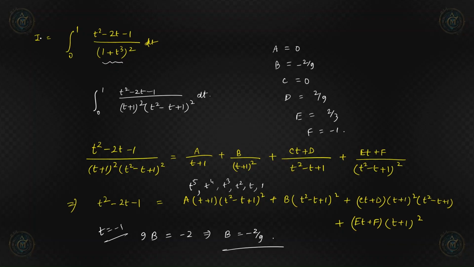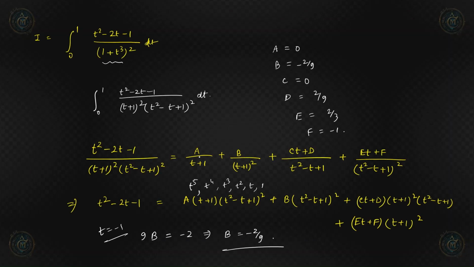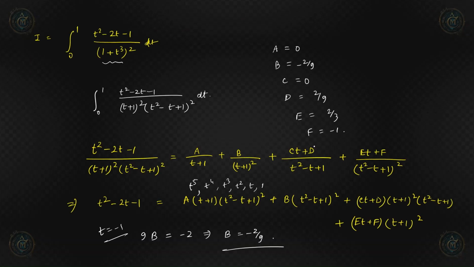So our integral becomes, let's call this I. So I becomes integral 0 to 1. Then we simply decompose this, so this term vanishes, and b is minus 2 by 9. So minus 2 by 9 times 1 divided by t plus 1 whole square dt. Then this term becomes 2 by 9 times 1 divided by t square minus t plus 1.